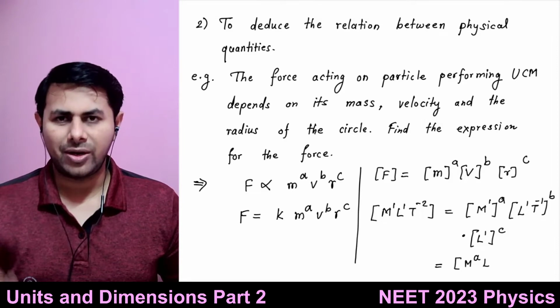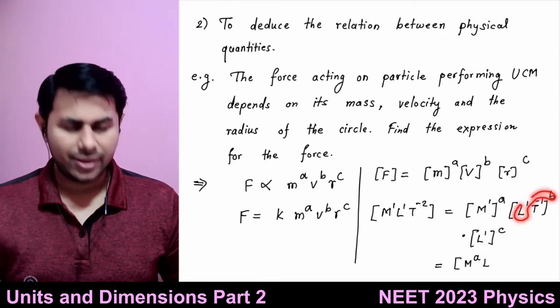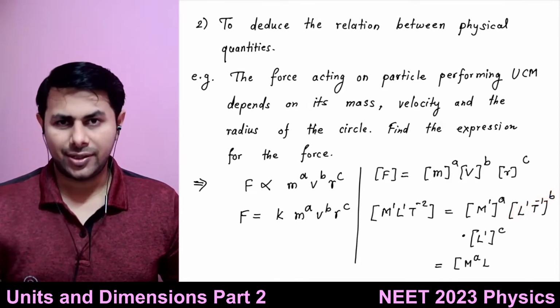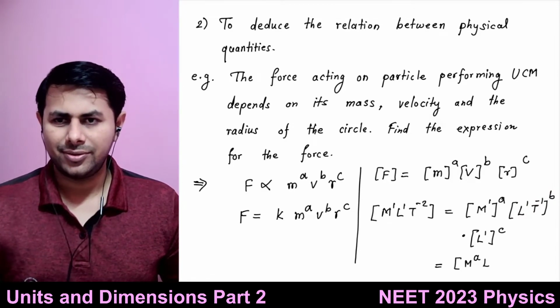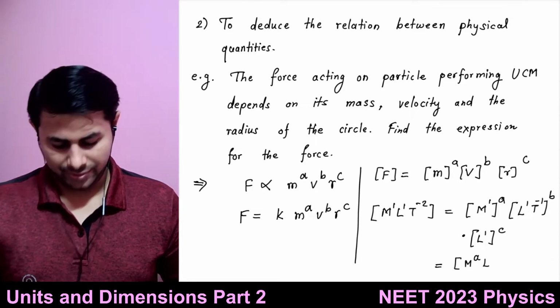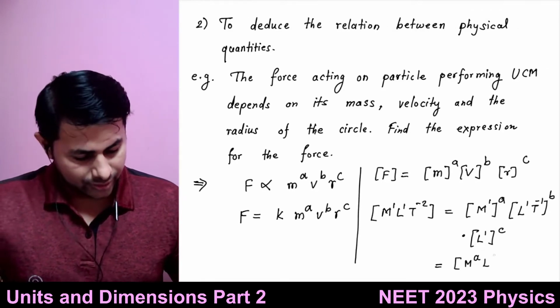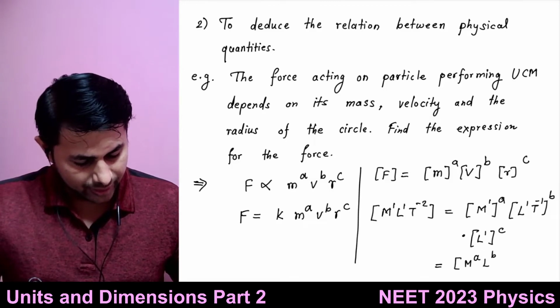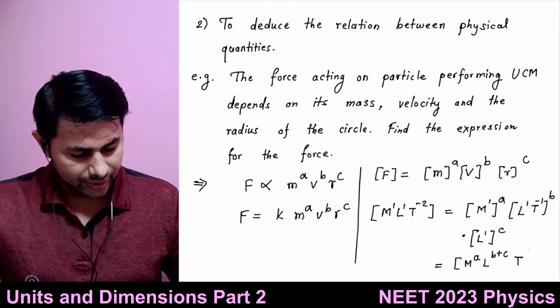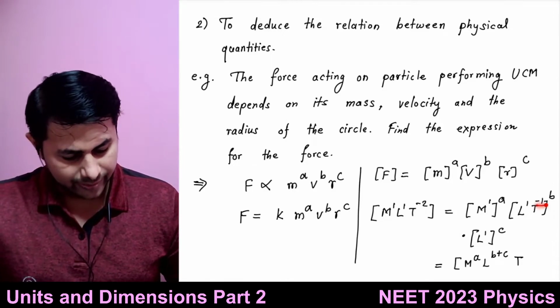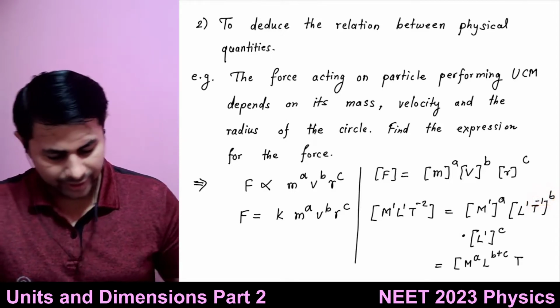We have L raised to b multiplied by L raised to c, so it is L raised to b plus c. Yes or no? Yes, sir. Okay, so it is L raised to b plus c, and we have T raised to minus b.